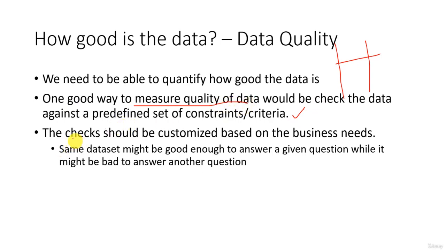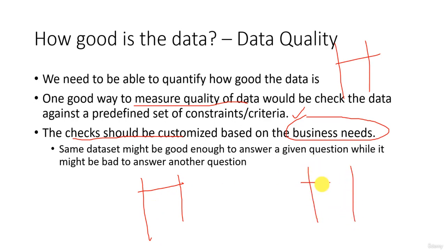Another idea is that the check should be customized based on business need. Maybe in some scenario, if your data contains outliers, then that might be a problem. But in some other scenario, just having the outlier in our data may be good also.